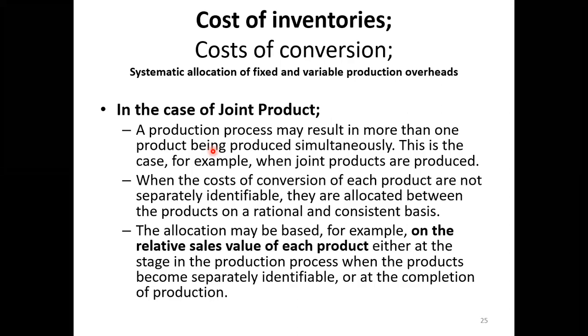I hope you have studied how to find the joint cost of the production process. So allocation may be used, for example, on the relative sales value basis of each product, either at the stage in the production process when the products become separately identifiable or at the completion of production.